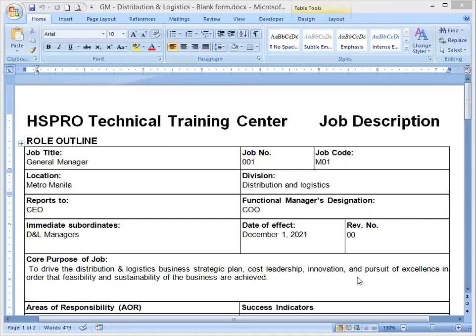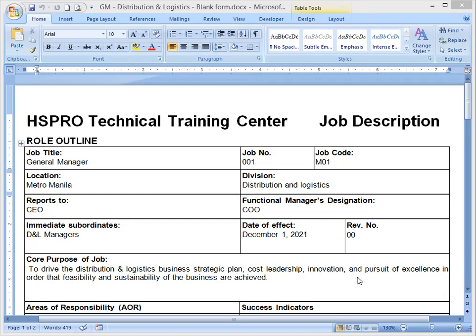Last time, I talked about the role outline of the job description, which comprised the job title, which is the general manager, job number, job code, location of the job, the division where the job belongs, the line reporting, which the job reports to the CEO, the functional manager, immediate subordinates, date of effect, and revision number.